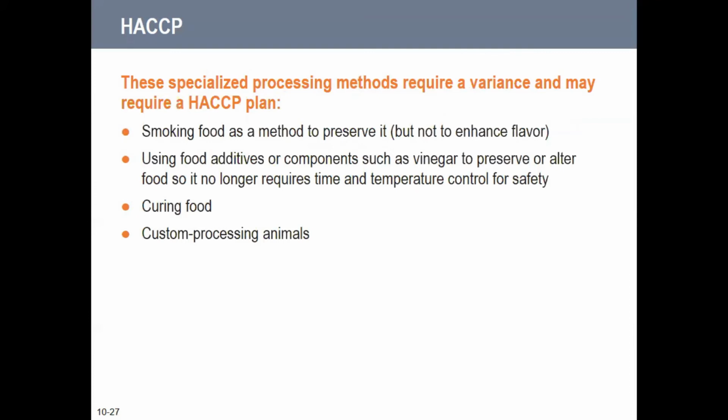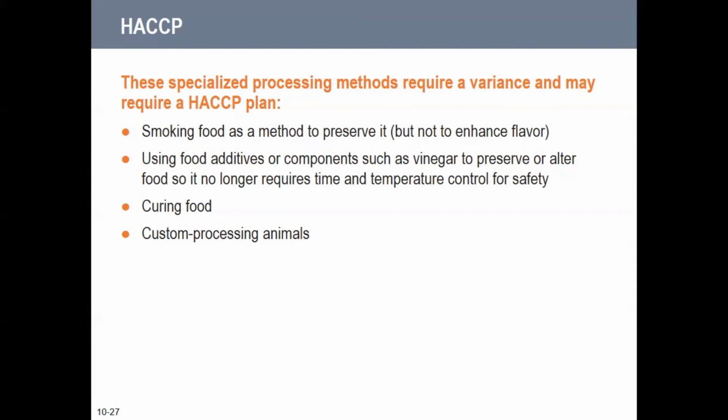So we talked about this a little bit last chapter, but just to reiterate, if you are doing some of these methods, it's going to require a variance and almost certainly a HACCP plan. It says may in Illinois, but if you're doing one of these things, you will have to make a HACCP plan for it. I can tell you that right now.